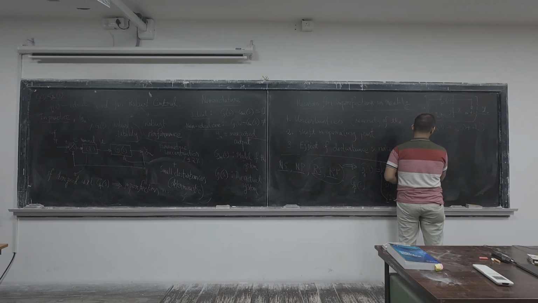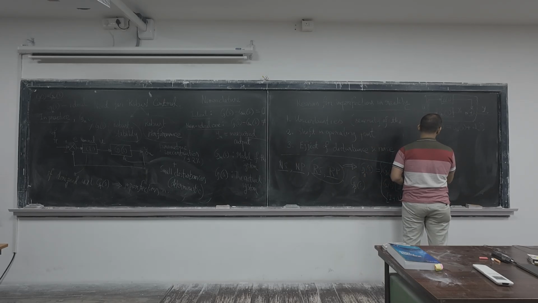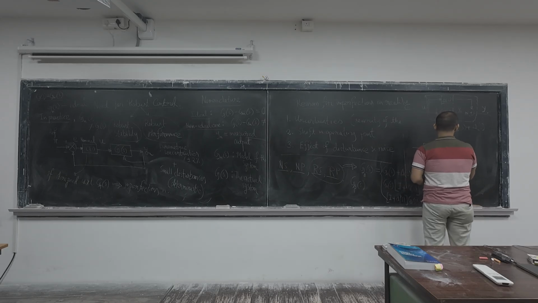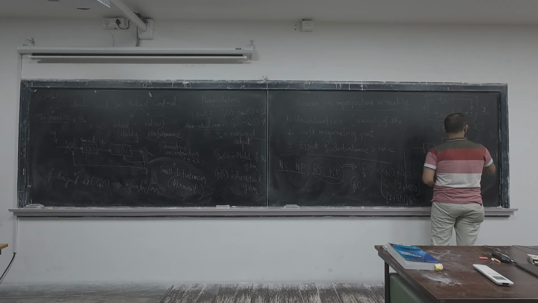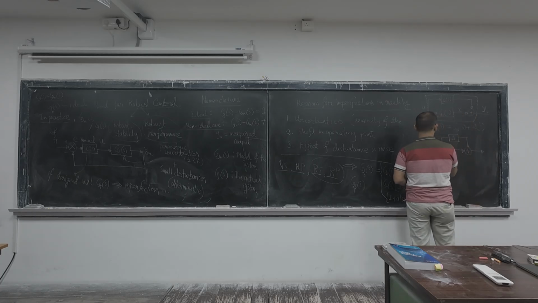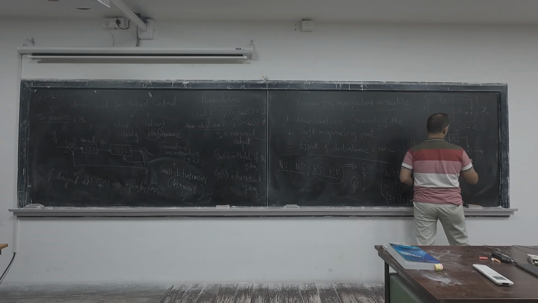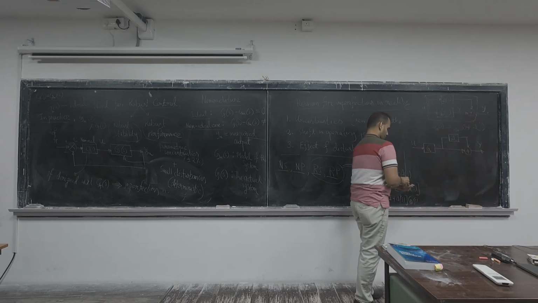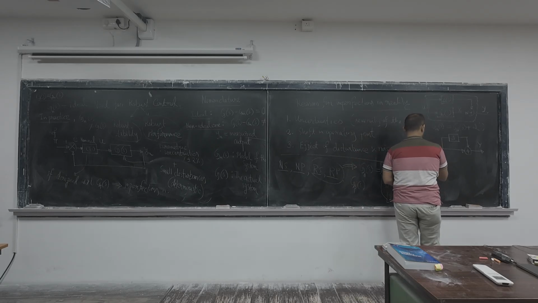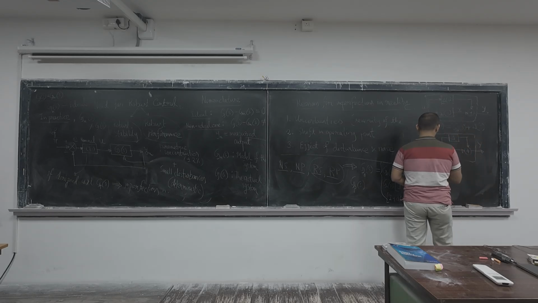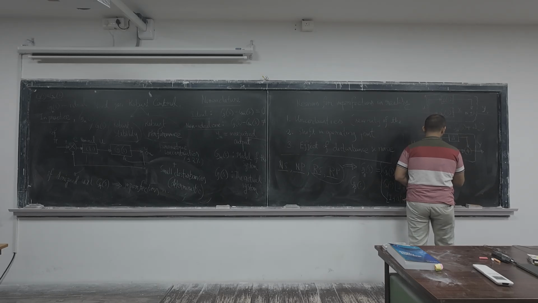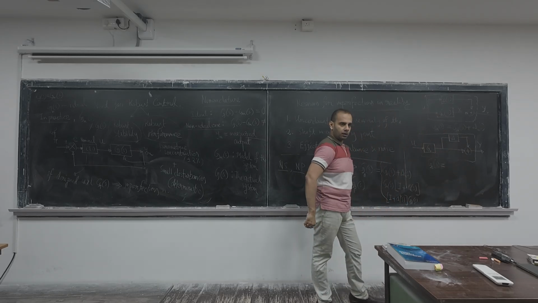If I draw G0, in this case, what will be my G delta?